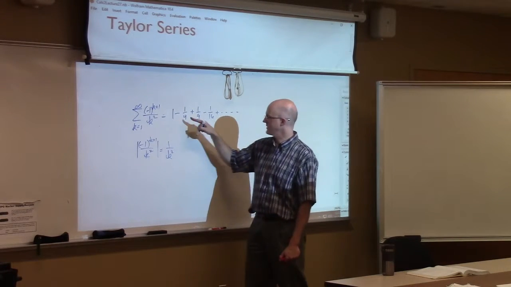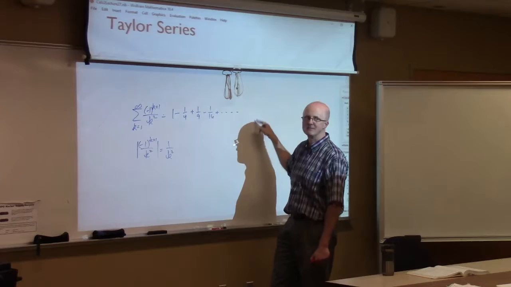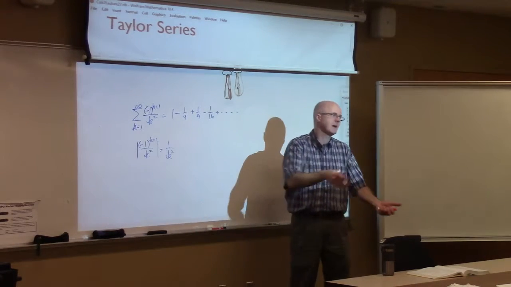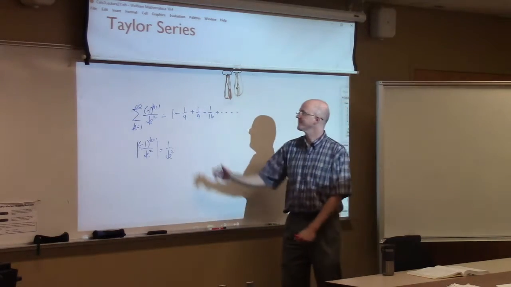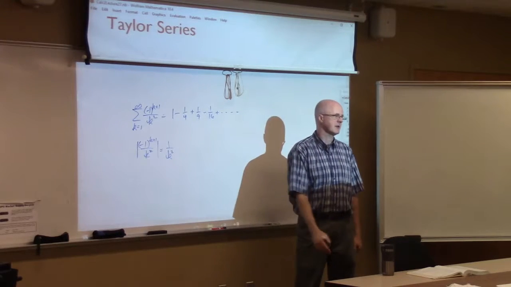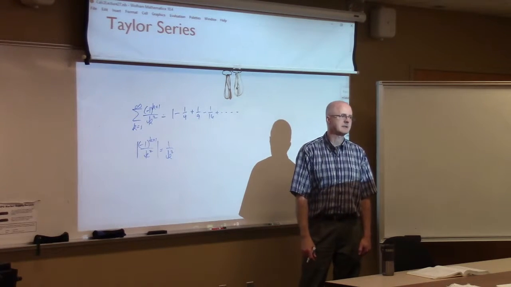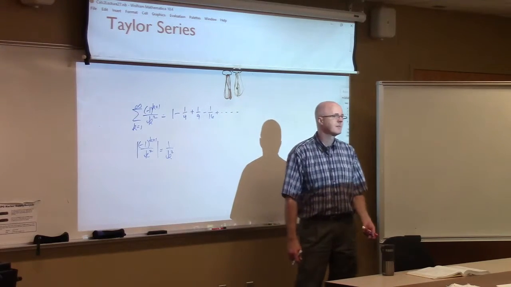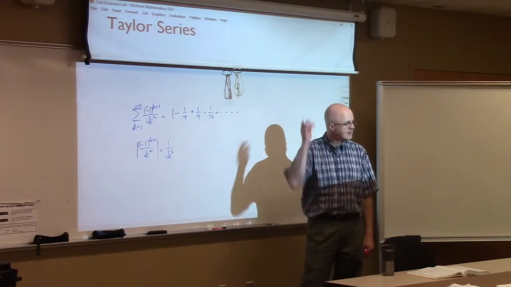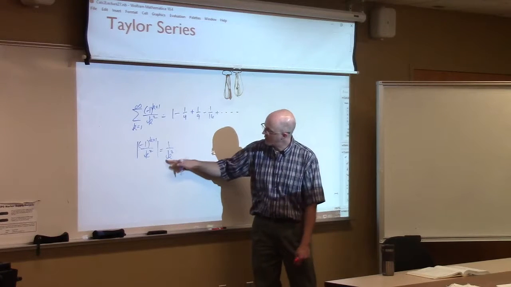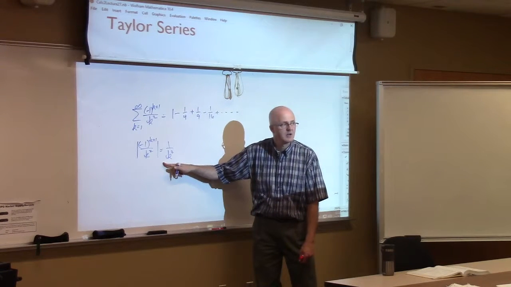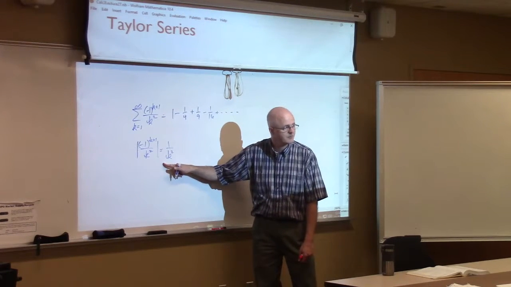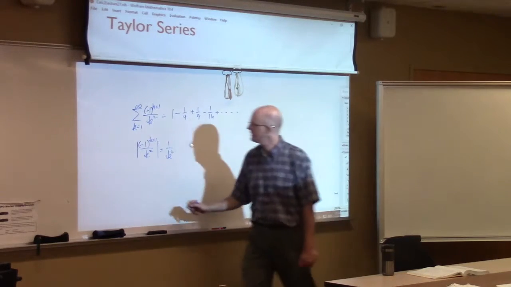And because the signs are alternating, plus, minus, plus, minus, plus, minus, or it could be minus, plus, minus, plus, minus, plus as well, this must be then a convergent series, the alternating series test.